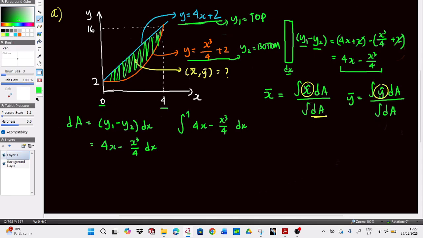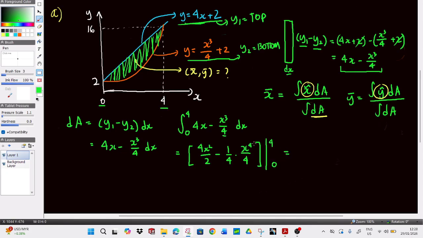So we put our limits of integration, and then we solve the integral. Find the antiderivative, which becomes 4x squared over 2 minus, since 1 over 4 is a constant, 1 over 4 times x to the power of 4 over 4. Then you put in the limits 4 and 0.